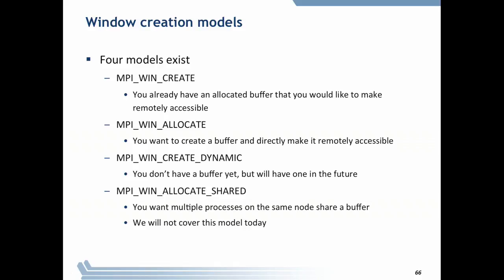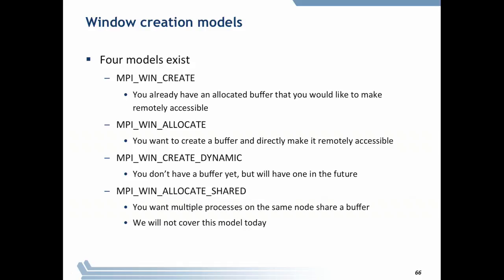Another thing that people wanted to do was say, well, I'd like to use this RMA stuff, but I don't know where all the data is when I would create the window. So I have some sort of dynamic data structure that I'm using, and I'm going to create in free memory.